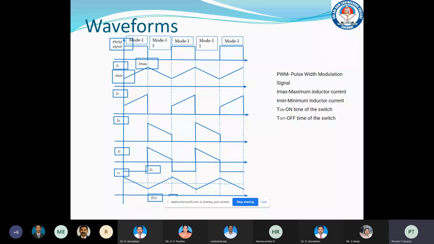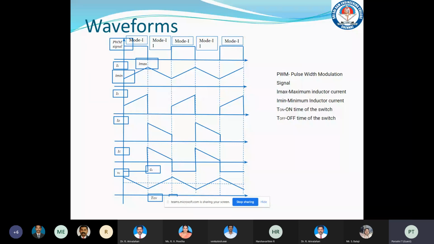And these are the different waveforms during mode 1 and mode 2 of a boost converter. The first waveform shows the PWM signal, which gives the pulses to the switch used in the boost converter. The second waveform shows the inductor current. We have assumed continuous conduction, so the inductor current waveform is shifted above the zero axis, which varies between a minimum value to a maximum value.